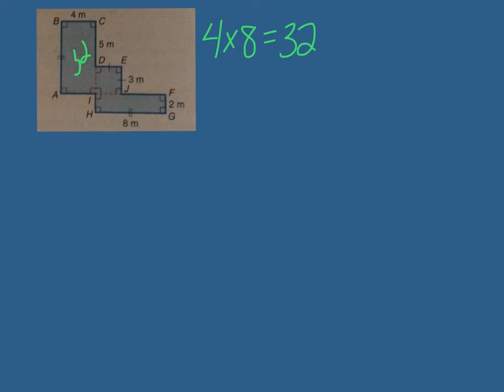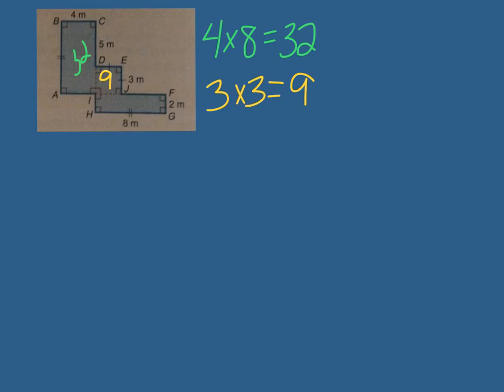And then we have the square. So if this side is 3, we know on a square, we just multiply it. 3 times 3, and that would equal 9. So we have 3 times 3 for the next shape equals 9. I'll put a 9 in there. And now for this shape, we have the rectangle, and this side is 8, and this side is 2.